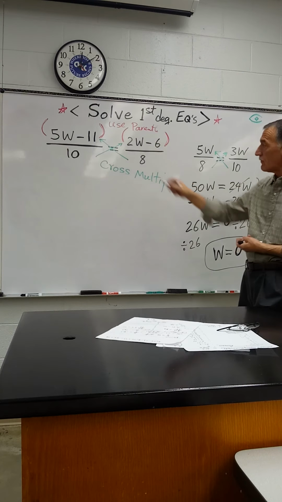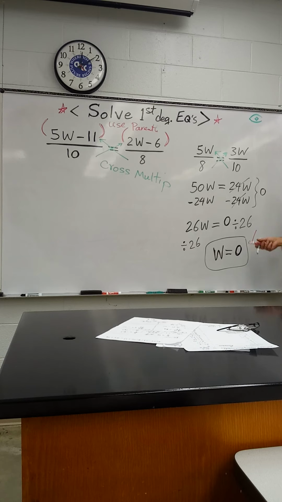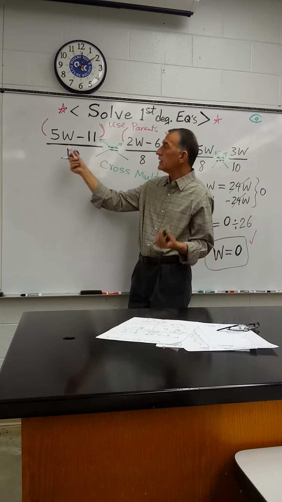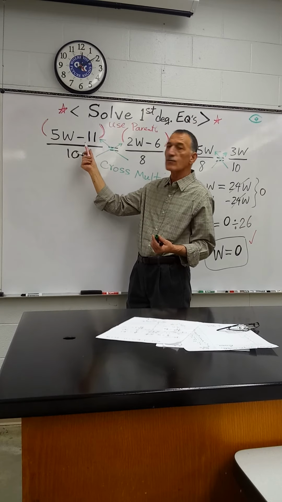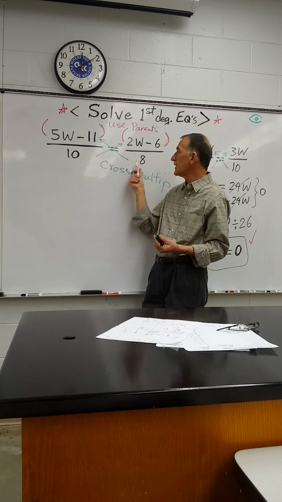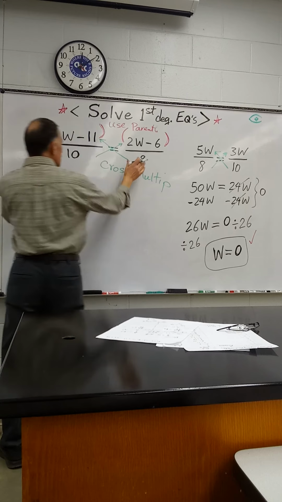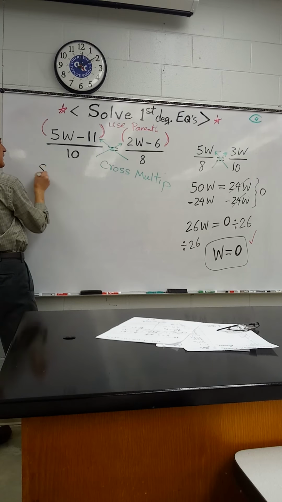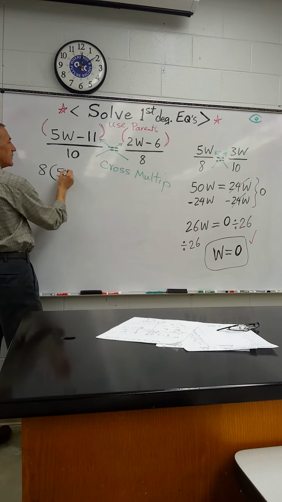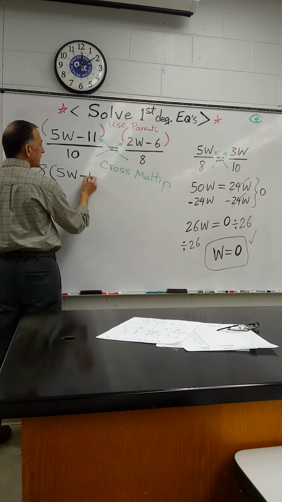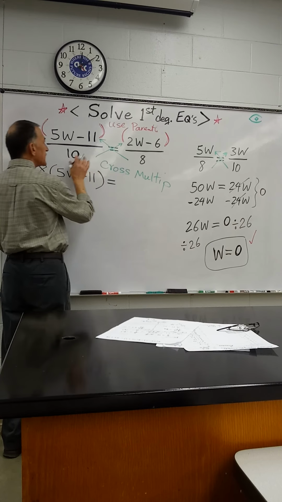Now let's go back and solve that one, and I'm going to show you specifically the case and the situation that you have more than one term and you want to cross multiply. Guess what? 8 times these two, you've got to use parentheses. So we're going to use parentheses for that, and it's going to be 8 times 5w minus 11 equal to 10 times that.